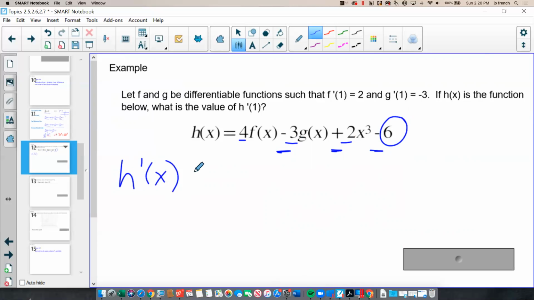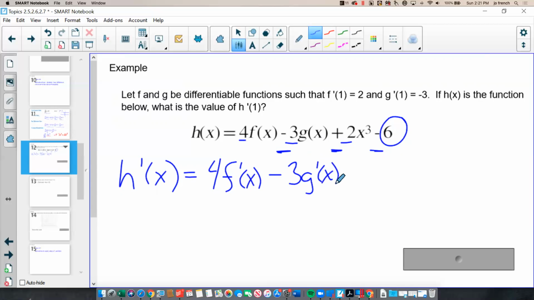So h prime of x, this first term, 4f of x, the coefficient remains, and then we just have that times the derivative of f. The same thing here, we get to subtract, the coefficient remains, and then the derivative of g.